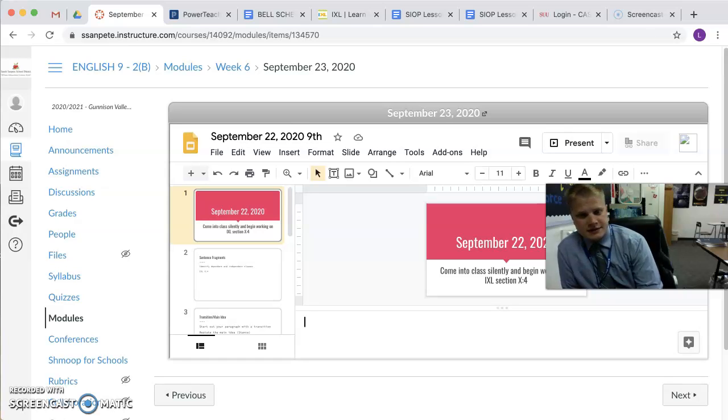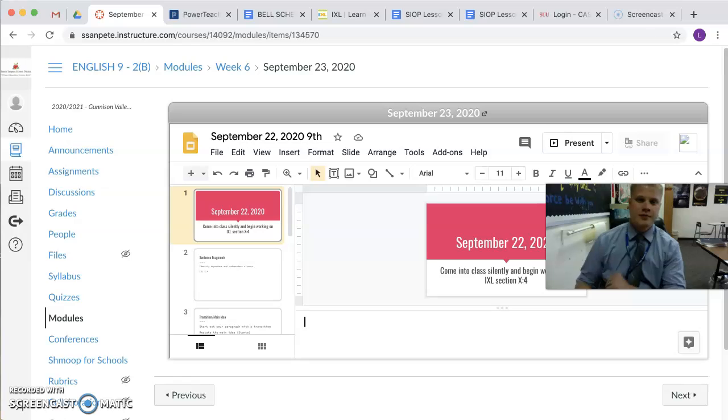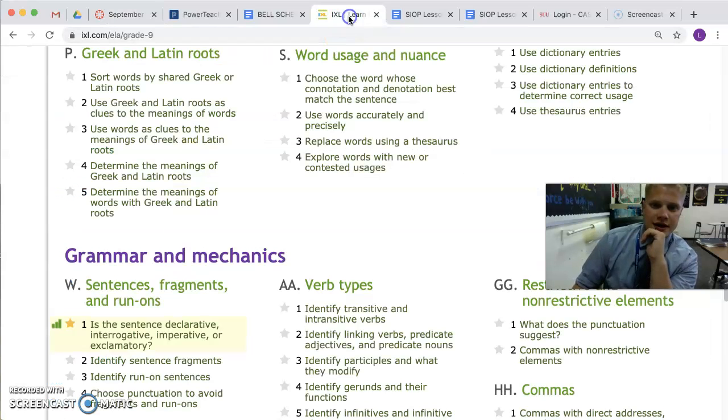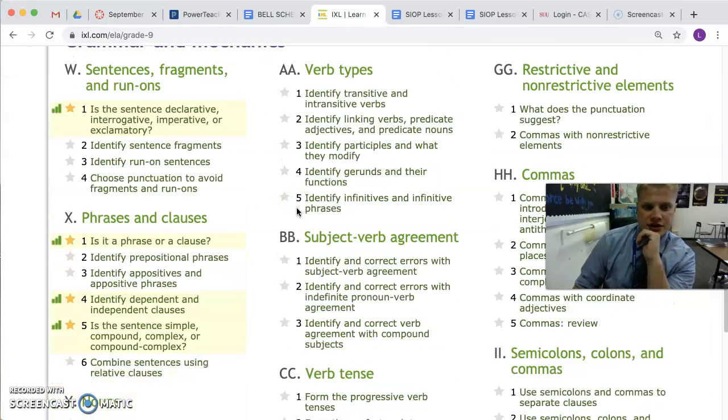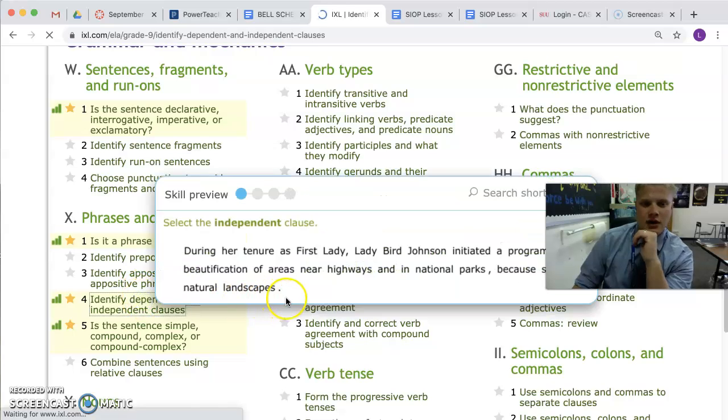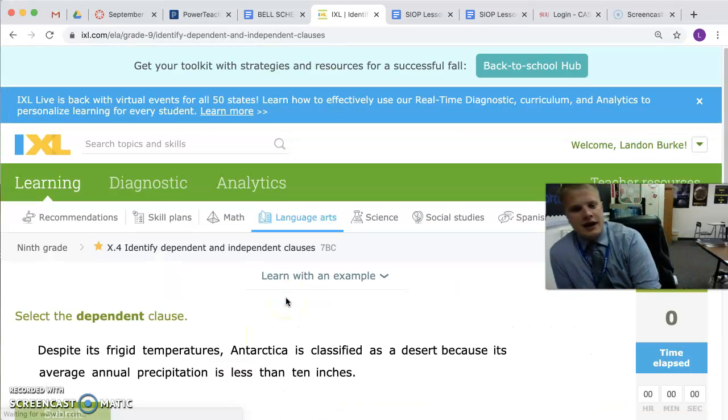So the first thing that I would like you to do for today is go to iExcel section X4. It's going to ask you to look at independent and dependent clauses. The first thing is iExcel is going to be due this Friday, so make sure you have completed all of the sections that are posted by Friday.